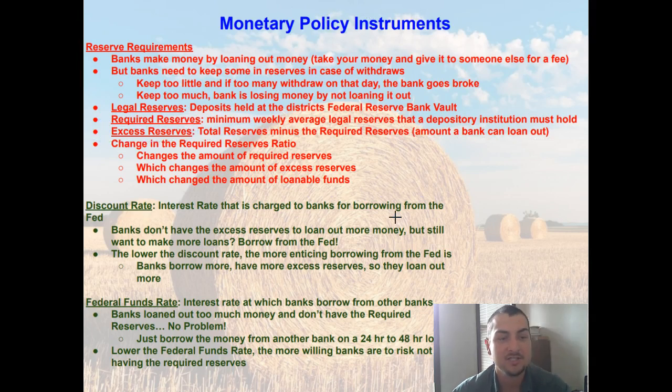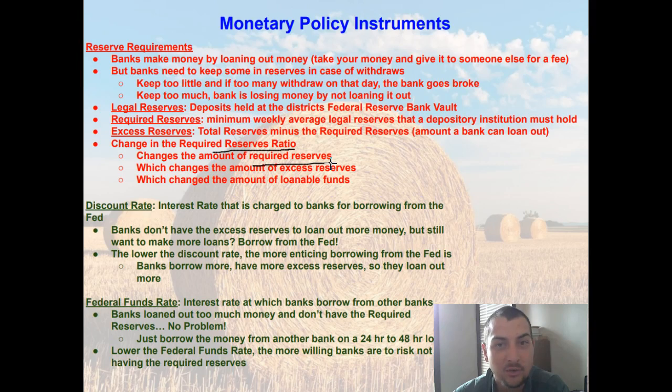So how does a change in the required reserve ratio affect the money supply? A change in the required reserve ratio is going to change the amount of required reserves. So let's say, for example, that the required reserve ratio was 10%, and this bank has $1,000 in deposits. If they're required to keep 10% of that $1,000 in deposits, they have to keep $100 on hand.